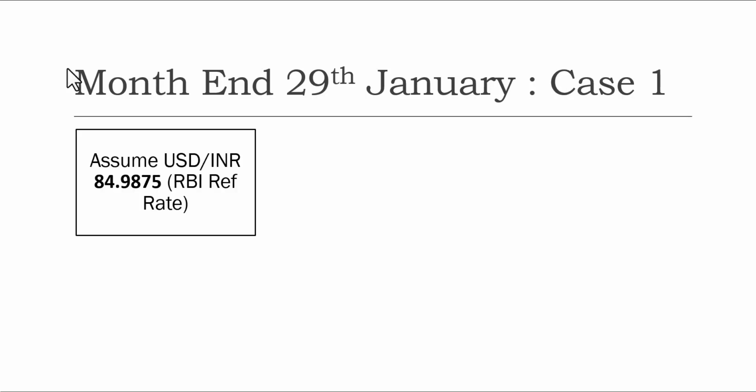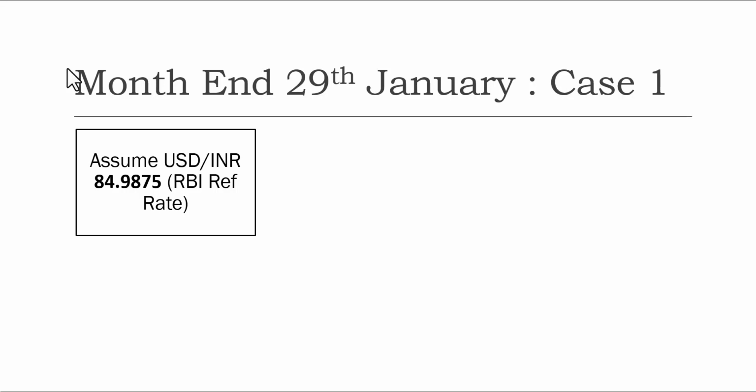On 29 January the RBI announces the rate, which becomes the rate on which the stock exchange is going to settle my position at the expiry. If I don't settle it anytime before, then at the expiry, my position will settle at the RBI reference rate. So I have two choices: do it before that or wait till the expiry. On that day, if I don't do anything, automatically my transaction will get settled.